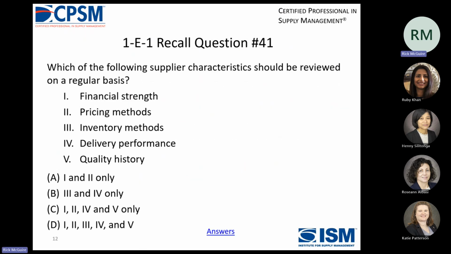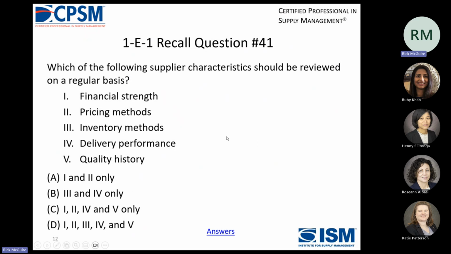All right. Which of the following supplier characteristics should be reviewed on a regular basis? This is one of the ones where you go pick out which ones you know. Like financial strength, and you go see which ones have it. Three of the four have financial strength, so you can throw B out right away. And then you look through here, delivery performance, I'm pretty sure it's going to have to be on there. So I go down here and look for delivery performance.